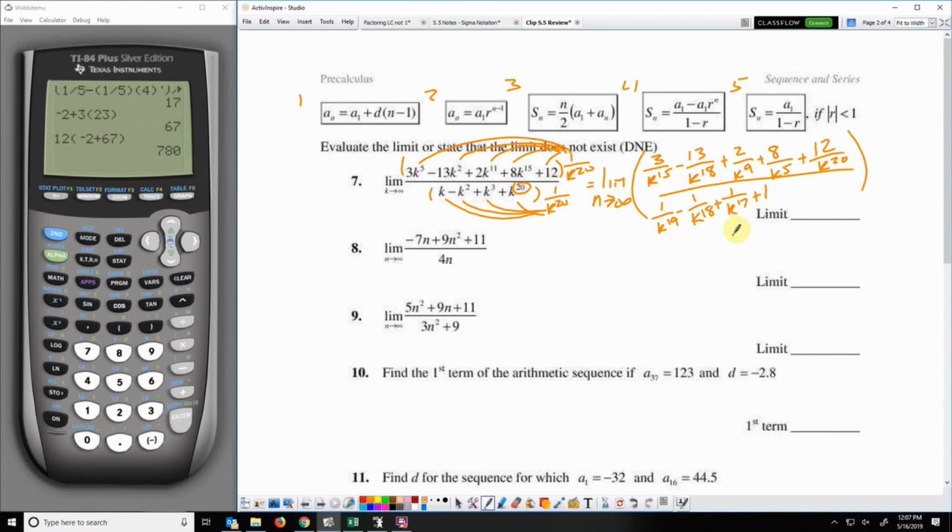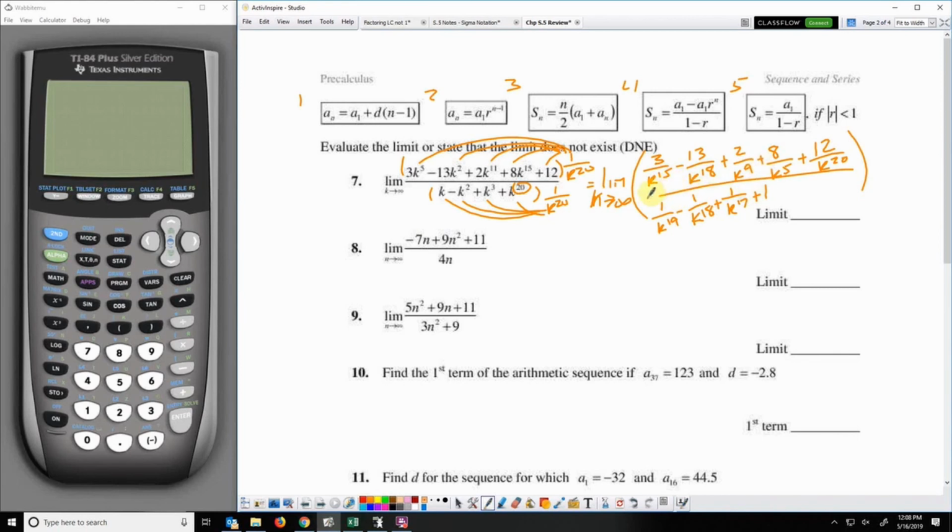When the variable is in the denominator, and I actually wrote n approaches infinity, but the letter here is k, so I'm going to change that to a k. As k gets bigger and bigger, and it's in a denominator, that makes the fraction smaller, approaching 0.